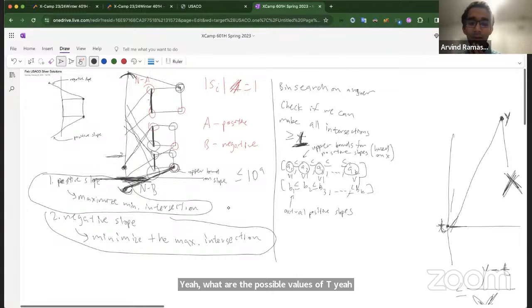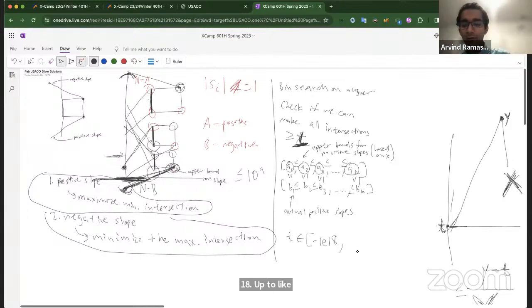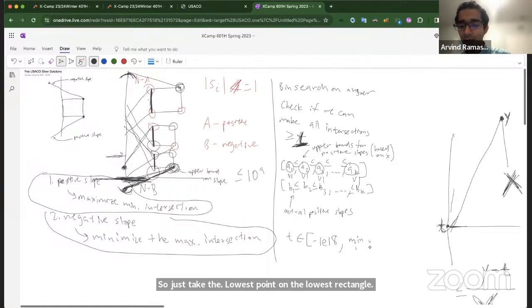To find the minimum value, you can binary search over t in the range of some really small number. I don't remember the exact input constraints, but you might be able to do smaller, like negative 10 to the 18 up to, so just take the lowest point on the lowest rectangle, the min over i of y.